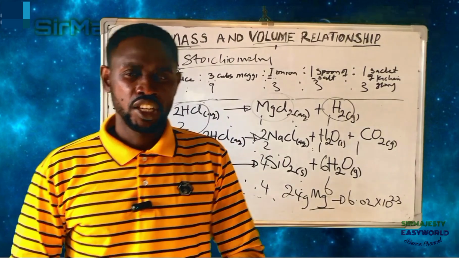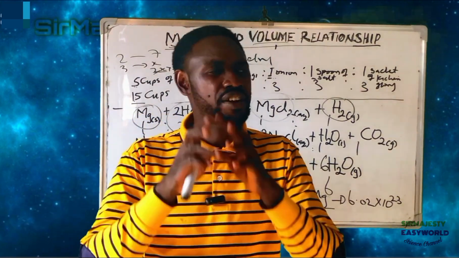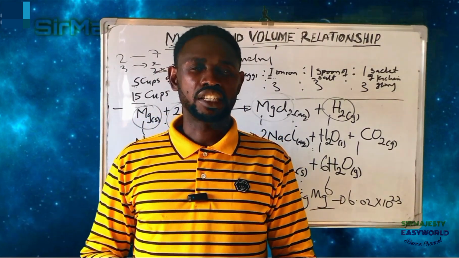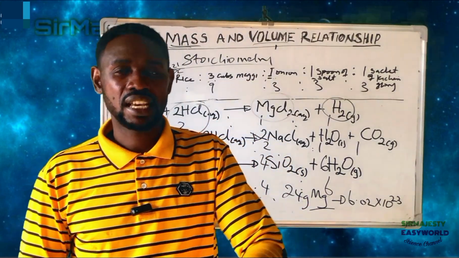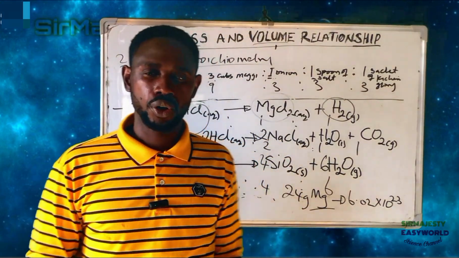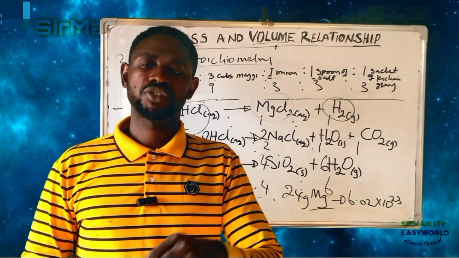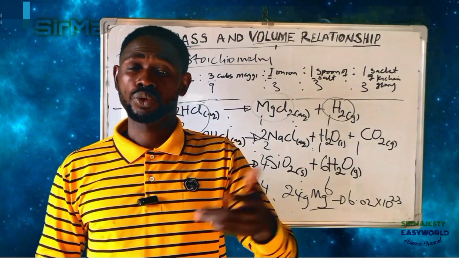Now, the importance and applications of stoichiometry. Stoichiometry is very, very essential. It upholds the law of conservation of matter, which states that matter can neither be created nor destroyed, but can be transformed from one form to another.